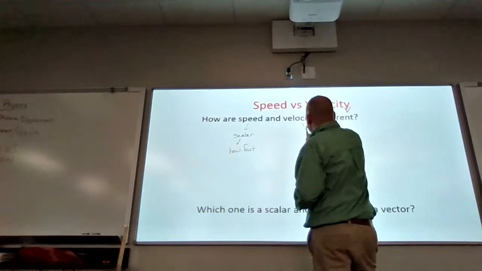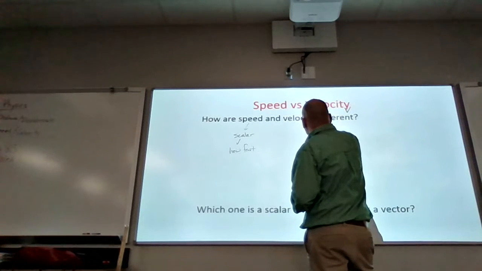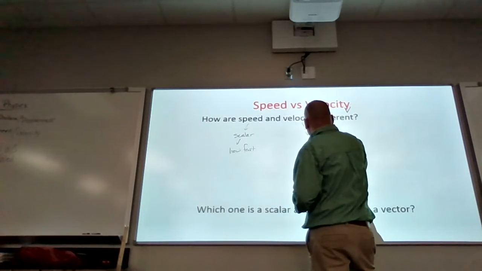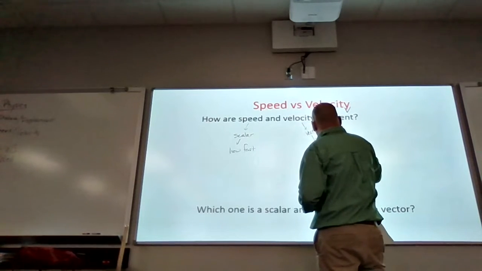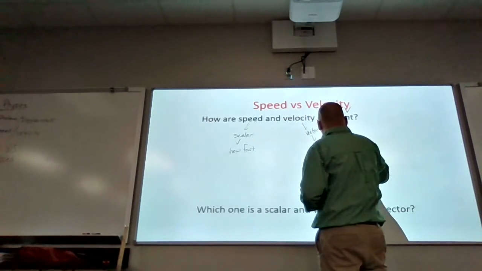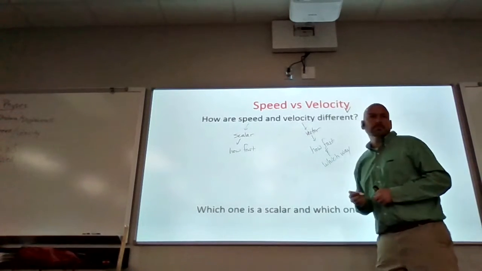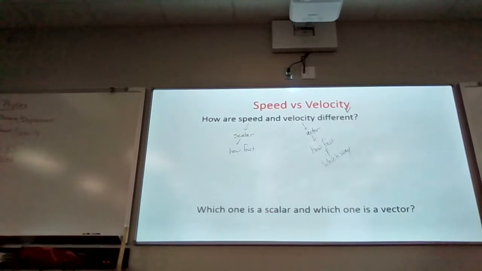Velocity is a vector, and it talks about how fast and which way. So it communicates direction as well. Which of those two do you think we're going to go with? Usually, probably velocity. It's a richer measurement. Communicates more.